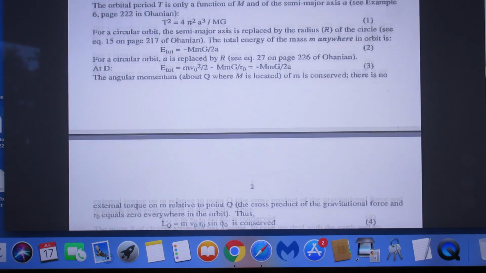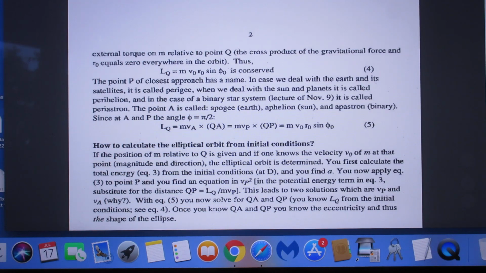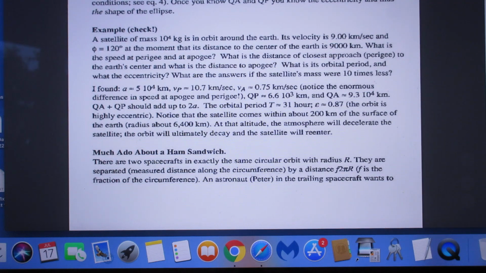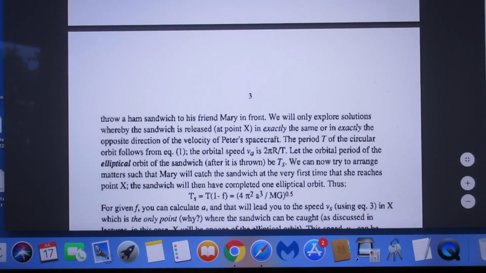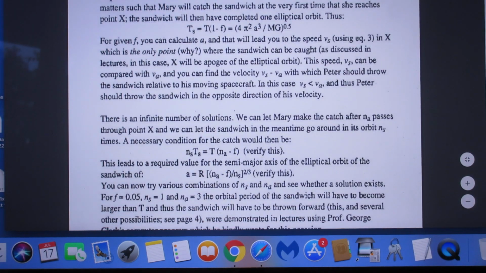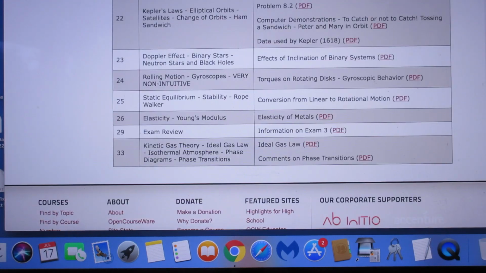They were handed out to students separately. So that was lecture 22.